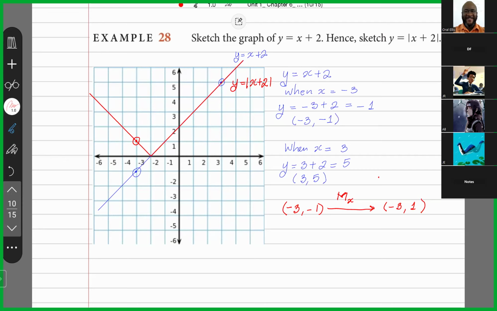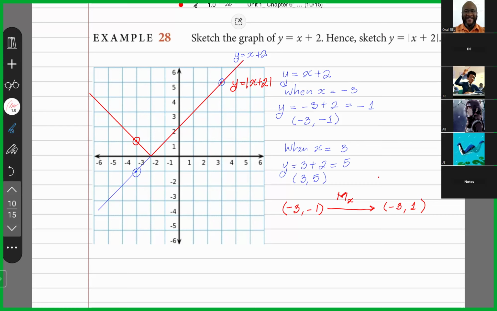So again, if you want to get the graph of y is equal to the mod of x plus 2 from the graph of y is equal to x plus 2, you have to reflect the section of the graph that is below the x-axis to above the x-axis, with the x-axis as the mirror line or reflecting line.